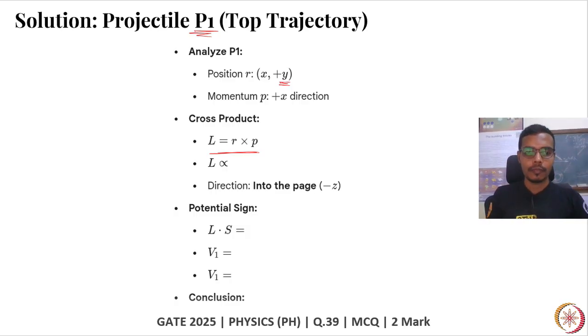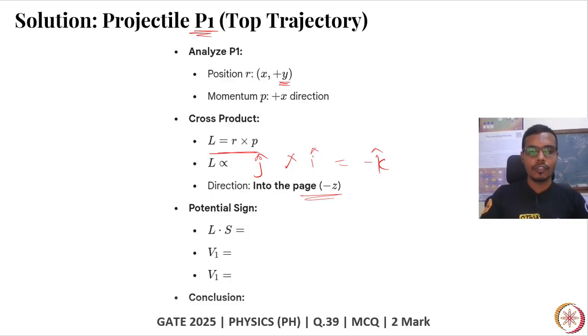So it would be j hat times i hat, which is minus k hat. Your thumb points into the screen, which is the negative z. So L is negative.